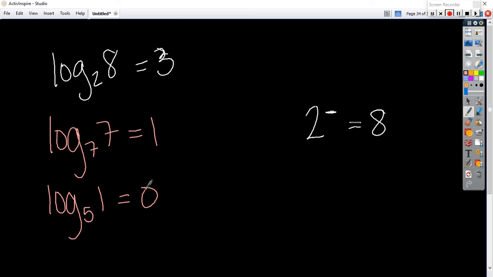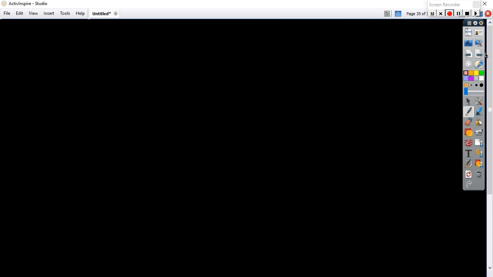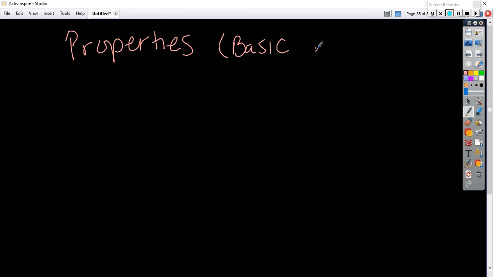So let me give you a couple properties of logs. And really these make sense. You've just derived several of them on your own. The first one, these are what we'll call basic properties because we'll talk about some more complex properties tomorrow.